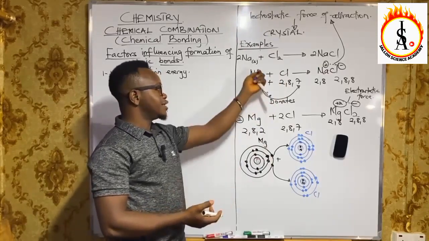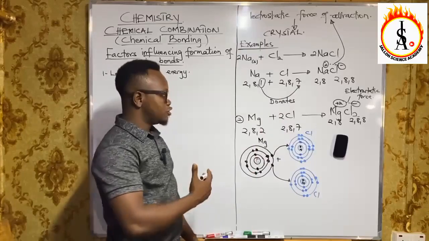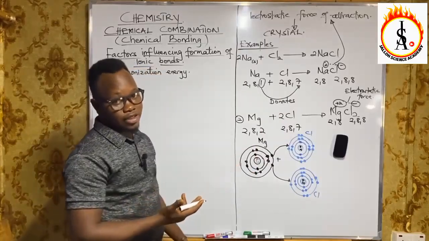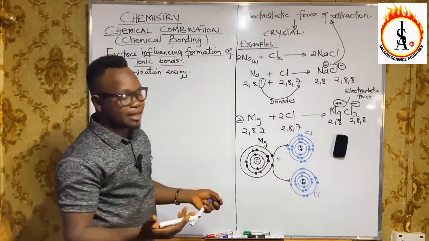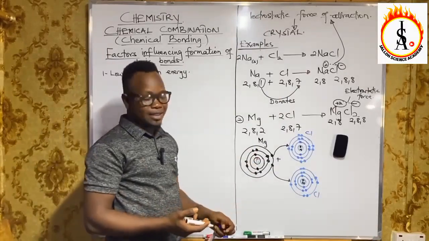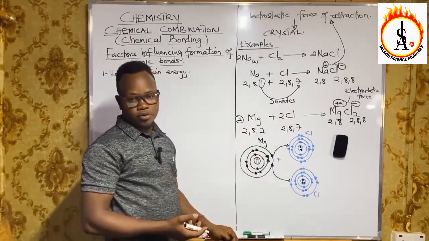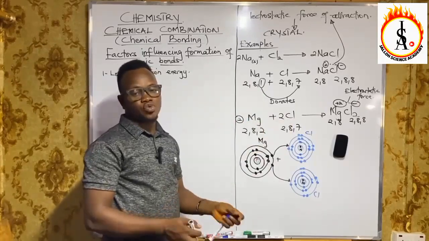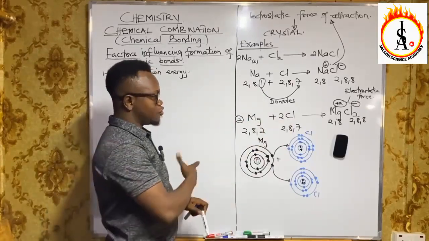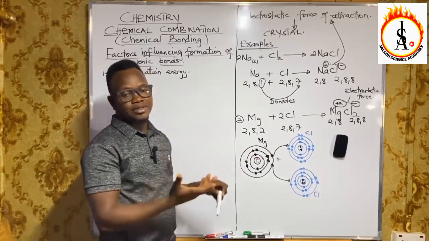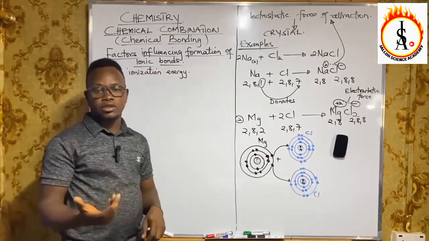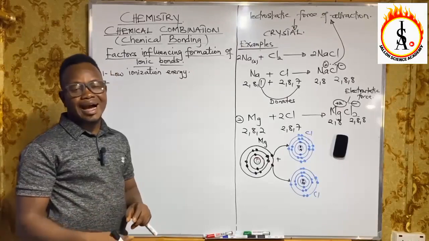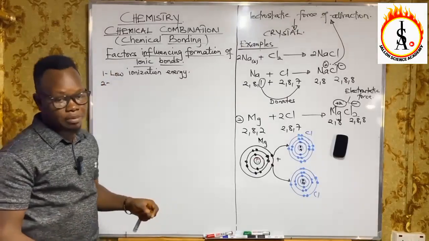So in that regard, the electron can be easily removed from sodium and transferred to the chlorine. And similarly, in the formation of magnesium chloride, the electrons can be easily plucked from the magnesium and transferred to the two chlorine atoms to form magnesium chloride, another crystal. The second factor we look at is high electron affinity of the nonmetal.